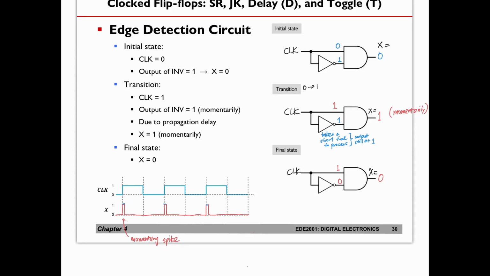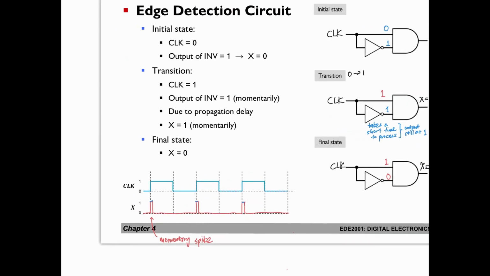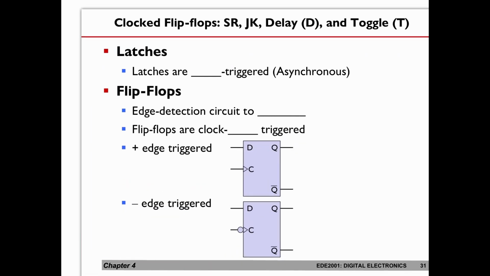So now let's take a look at how we incorporate this circuit. At this point I also want to add on the transition. Basically, all this momentary spike happens when the clock signal goes from 0 to 1. Now, we talk about latches. Latches are what we call level triggered. So when set goes to a 1, then your Q becomes a 1.